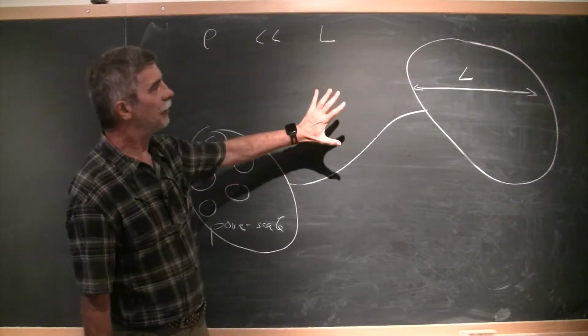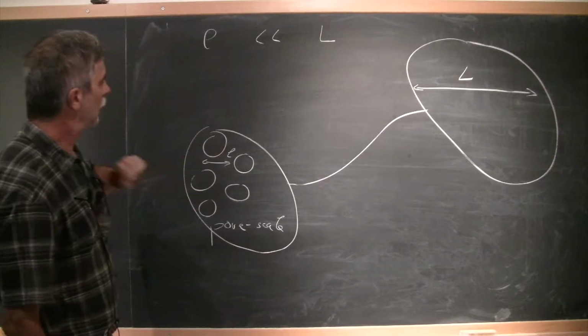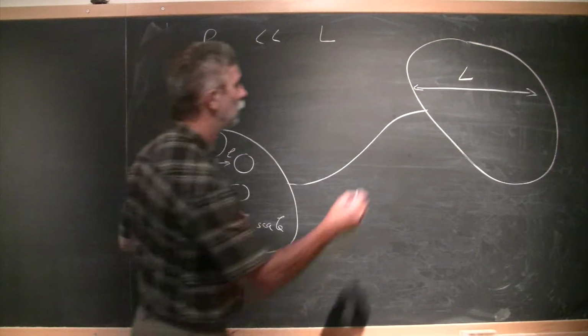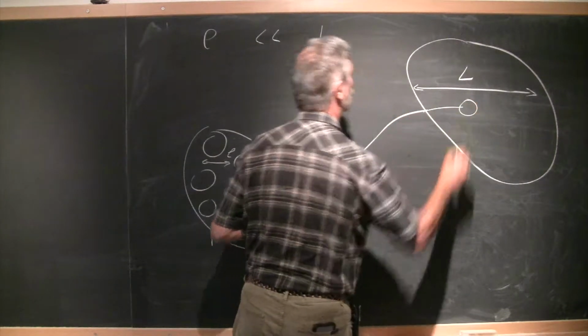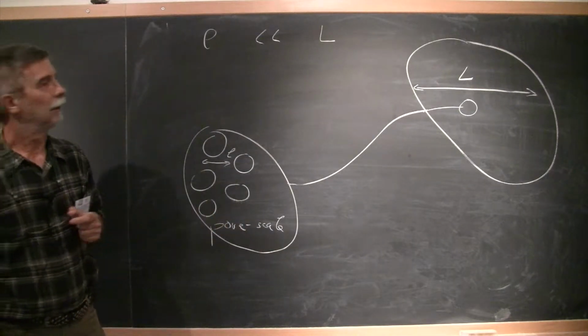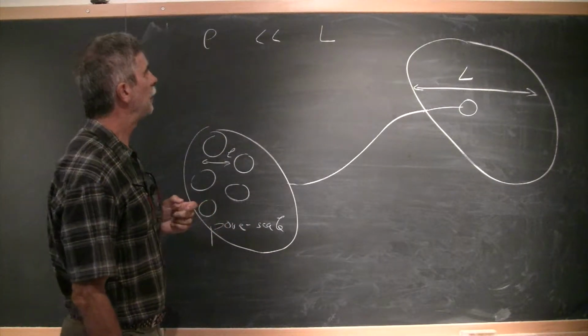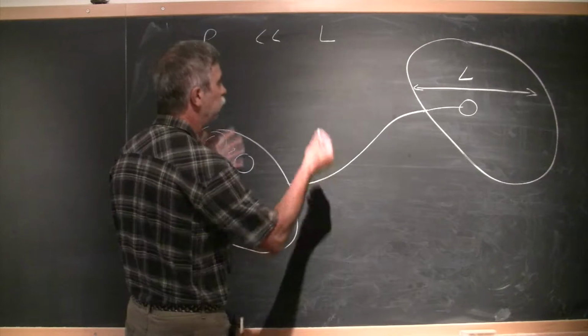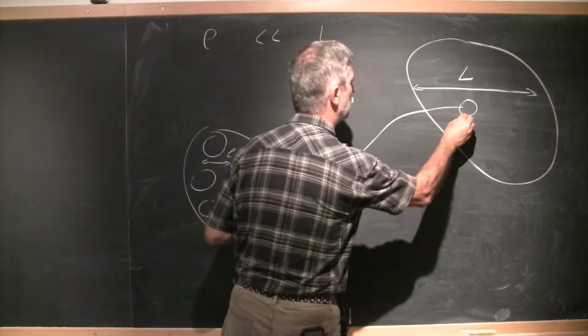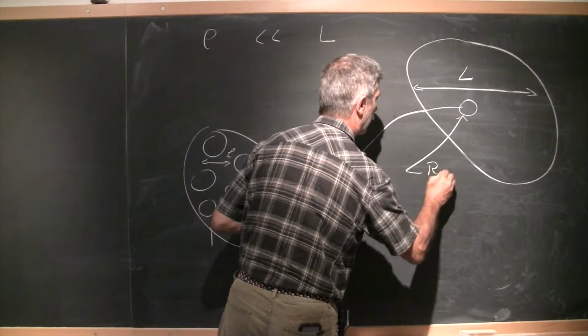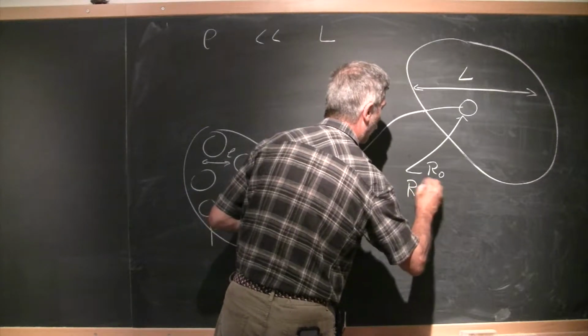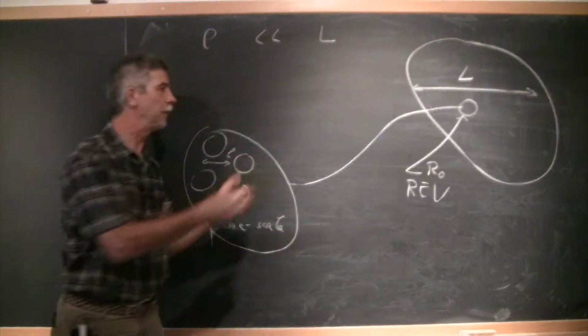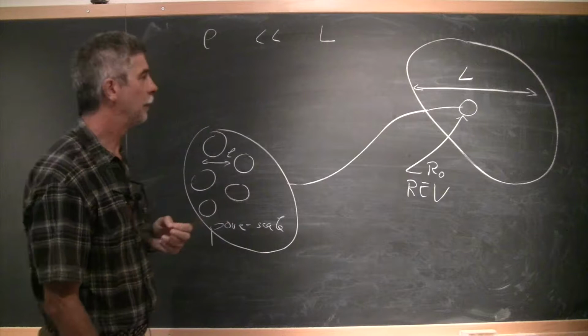Well, what is multi-scale analysis? Multi-scale analysis is trying to describe flow at this scale by introducing an intermediate scale, which we can denote by many different symbols, but I will use R0, which is the scale of something often called a representative elementary volume.